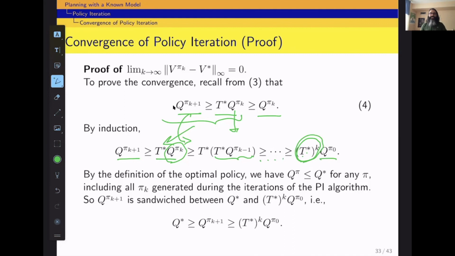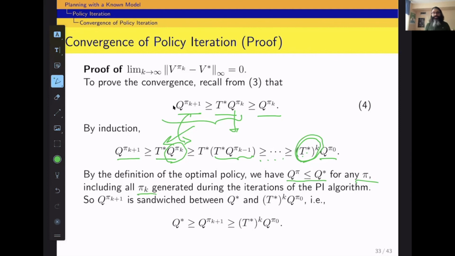The other fact that we need is that the value of any policy is smaller than the optimal value function. So we have Q pi is smaller than Q star, or it can be equal to, for any policy, including all the policies pi k generated during the policy iteration algorithm.